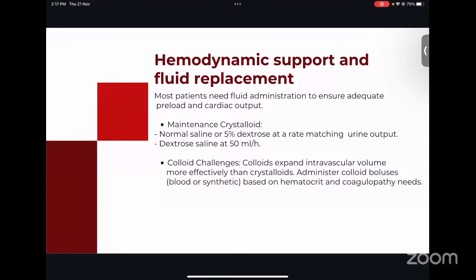Crystalloid and colloid infusion will help maintain intravascular volume but may also expand into the interstitial space. Once hemodynamic stability is well established, the capillary leak will resolve. Diuresis can be employed if the patient has excessive salt and water from the surgery and post-op period.